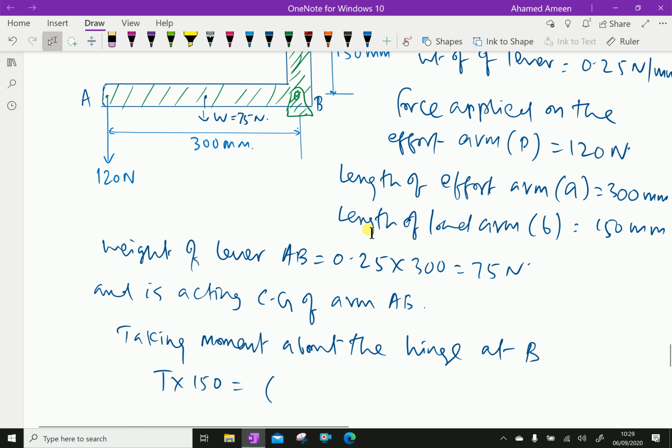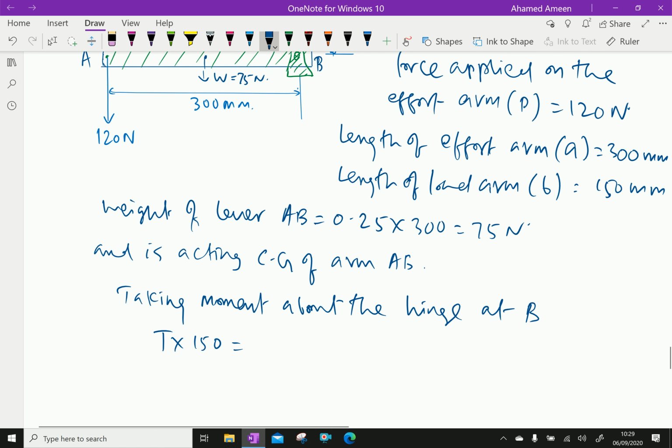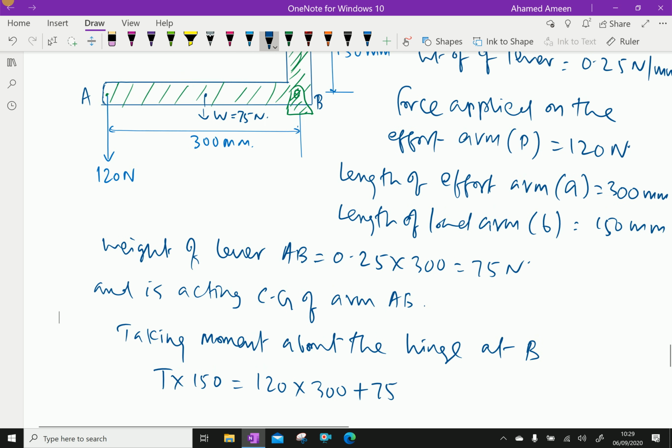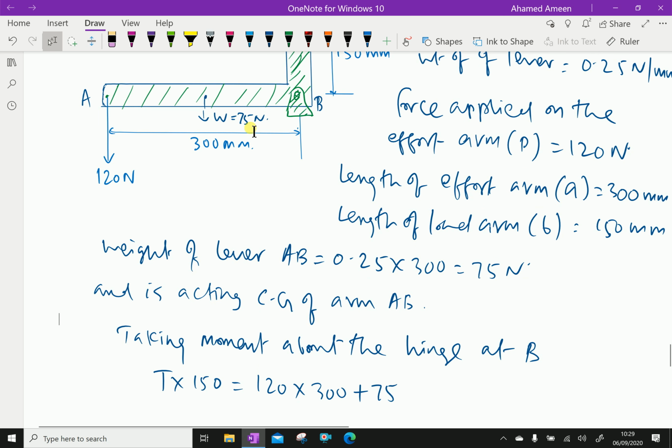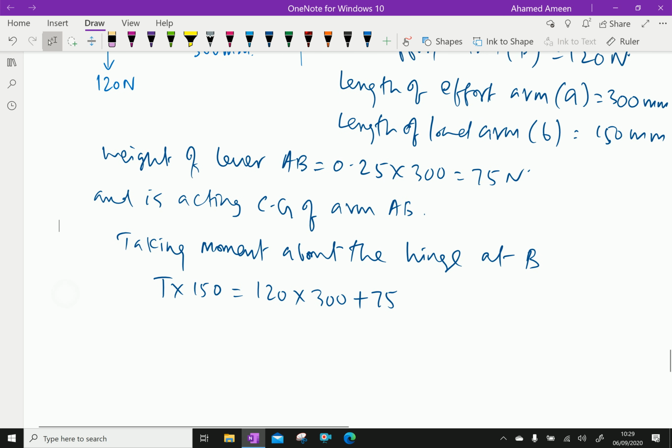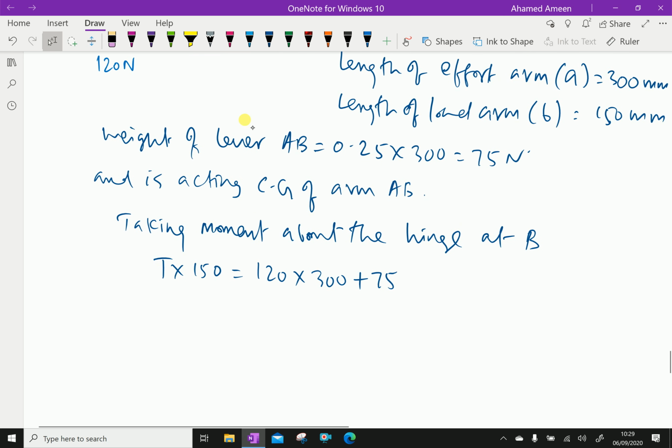Next is 120 Newton into 300, plus 75 Newton, because it's the self weight of AB, into half of that 300, which is 150.